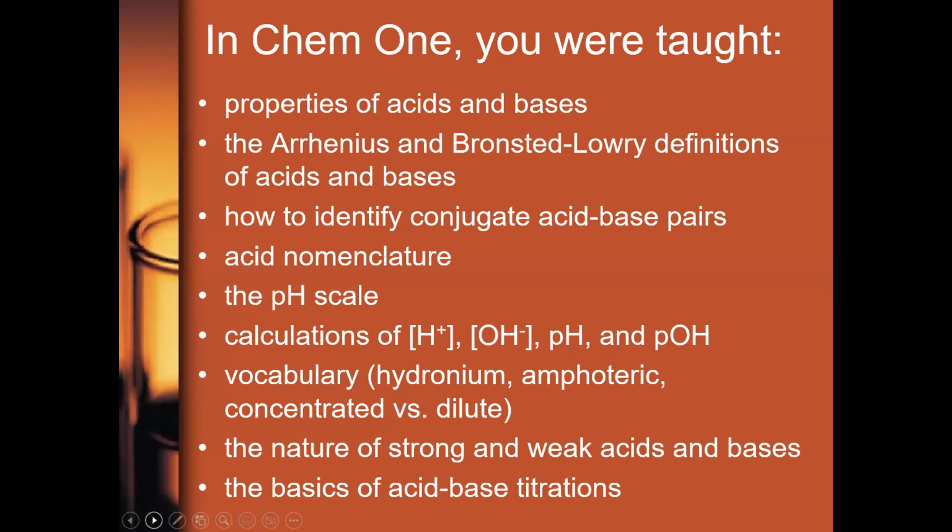Remember, titrations are the lab process where you are neutralizing an acid or a base and trying to cancel out the number of moles you have. So we're going to touch base on a lot of these in case you forgot them, or you're just a little rusty on some things.